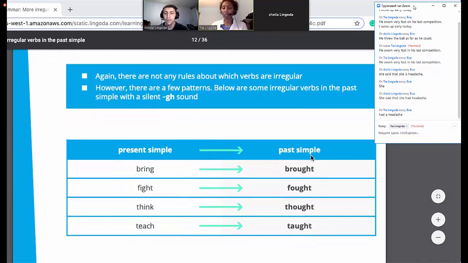These are your irregular verbs: brought, fought, thought, and taught. They all have that ought there. Brought, fought, thought, and taught.